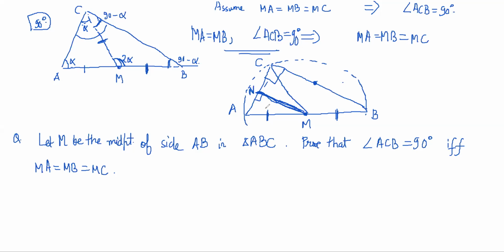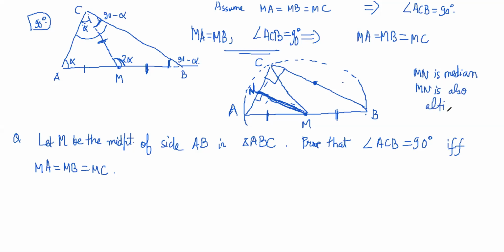Now, MN is becoming an altitude of triangle MAC. So now what you know is MN is both median and altitude.